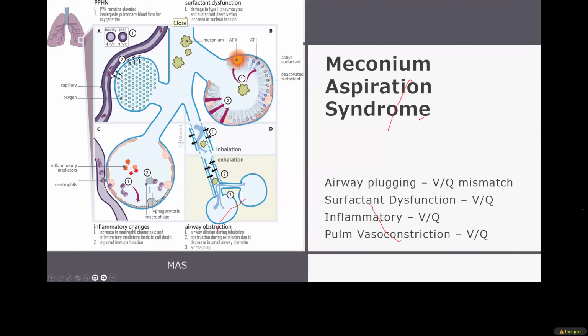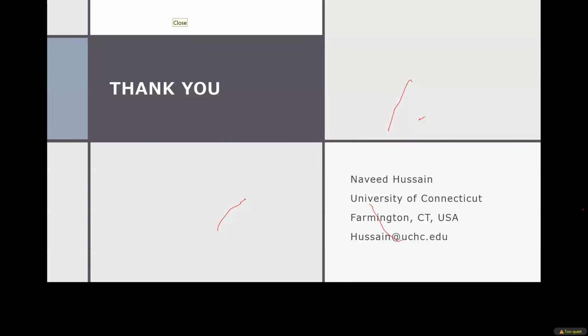So for these reasons, high frequency ventilator and the combination with nitric oxide is probably the best strategy for a baby with meconium aspiration and pulmonary hypertension.